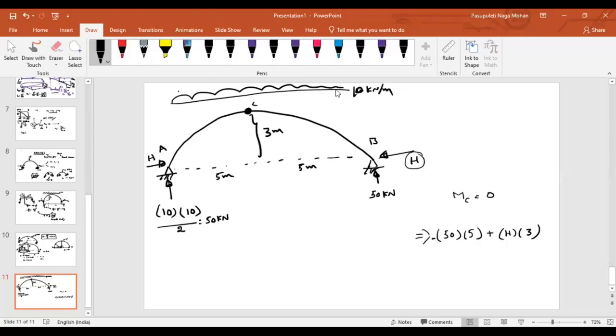Similarly, because of the UDL, clockwise, positive: 10 into 5, we are talking only of the span, 10 into total length 5 into 5 by 2, will be equal to 0. From this, what is your reaction H? How much are you getting? I can do the simple calculation, right?